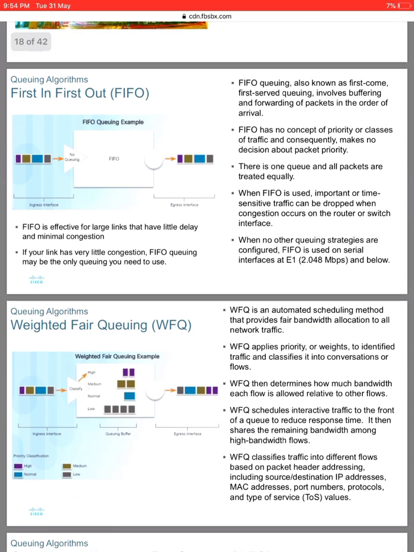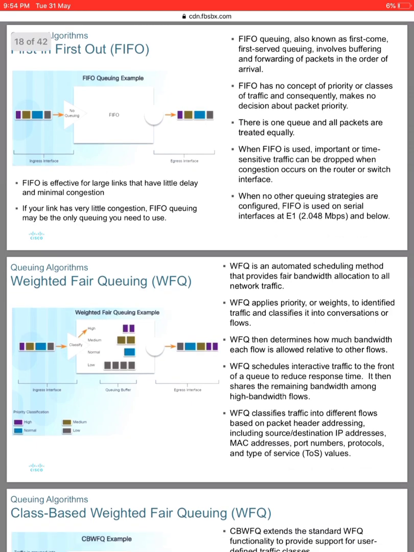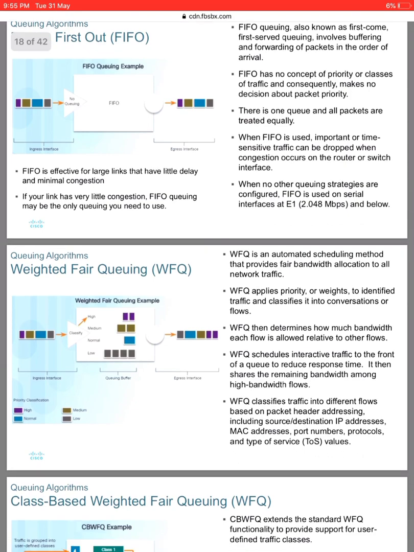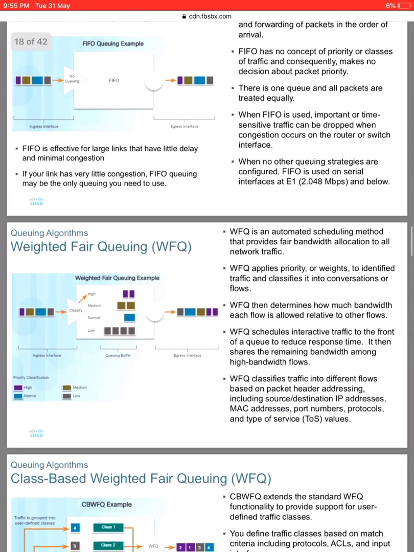So, first in, first out. FIFO queuing is also known as first come, first served. Queuing involves buffering and forwarding of packets in order of arrival. FIFO has no concept of priority or classes of traffic and consequently makes no decision about packet priority. There is one queue, and all packets are treated equally.